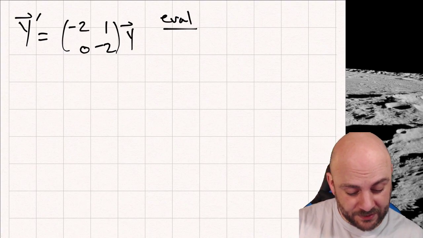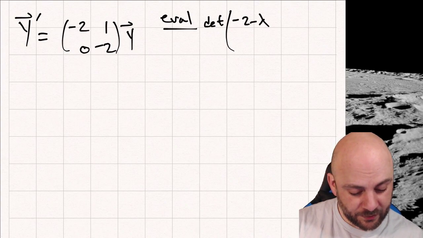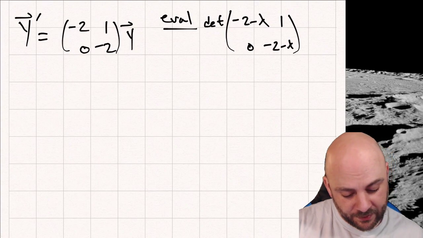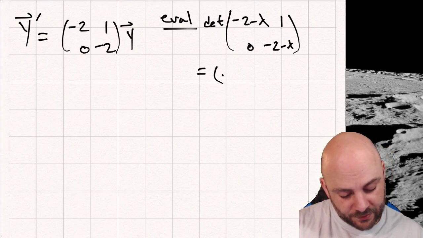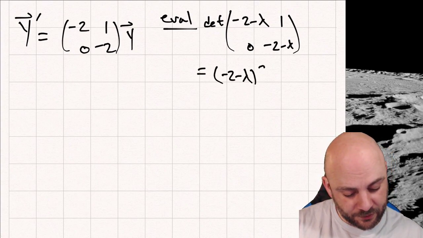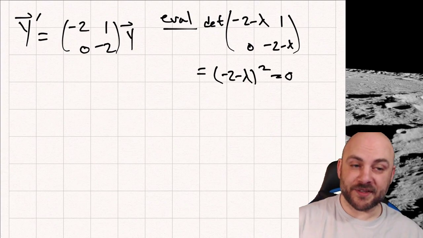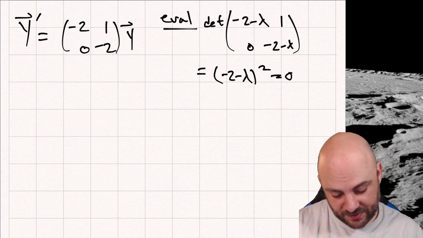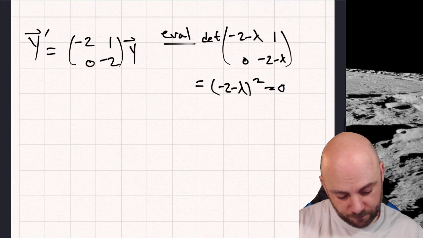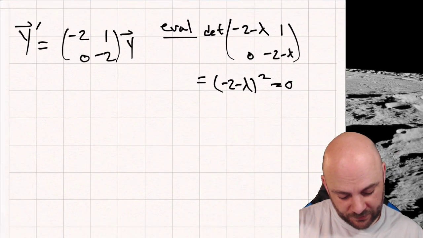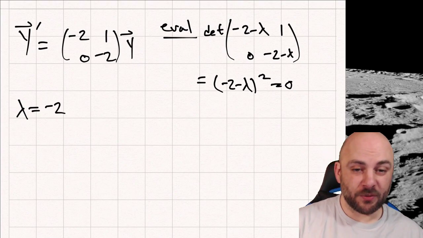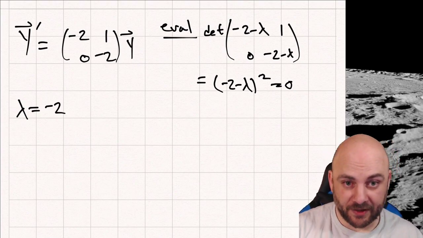And we do that by taking the determinant of negative 2 minus lambda, 1, 0, negative 2 minus lambda. That equals negative 2 minus lambda squared, and we need to set that equal to 0. And so this means that my eigenvalue, I zoomed out and zoomed way in, my eigenvalue is negative 2 twice. I have a repeated eigenvalue.